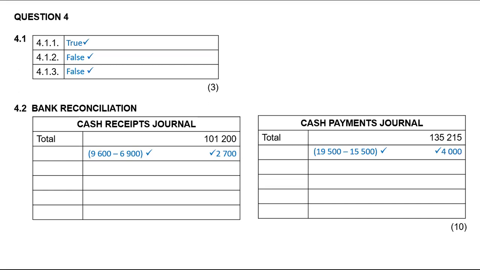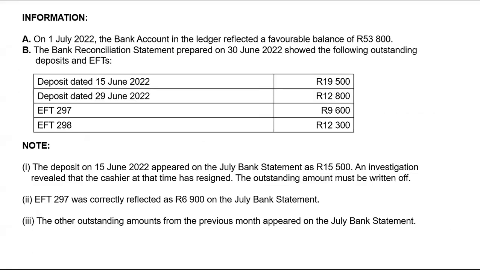That's why we record it in the cash receipts journal. And then obviously they said other outstanding amounts from the previous month appeared in the July bank statement. That's why I'm taking them off.